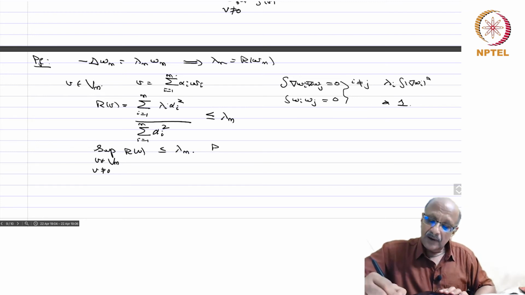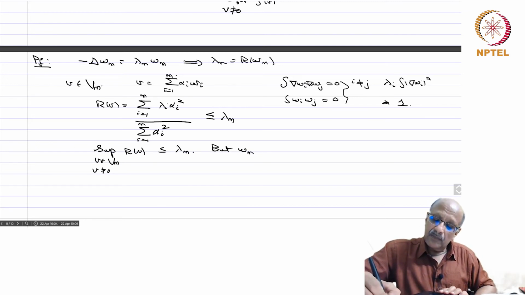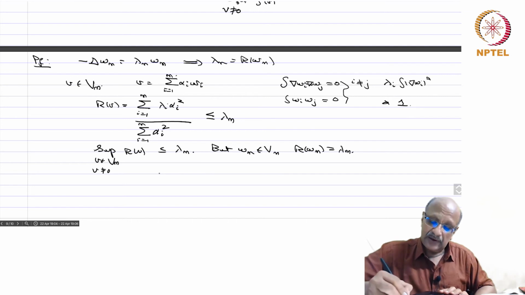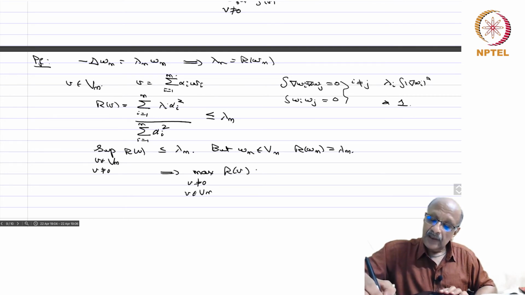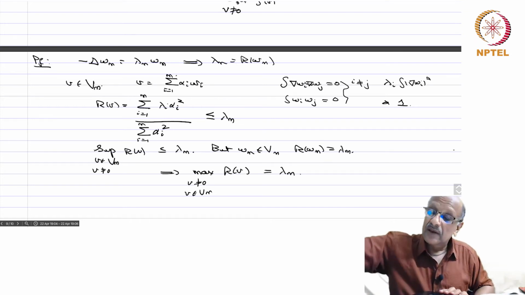But wm belongs to Vm and R of wm equals lambda m. So, the maximum is attained, and therefore, max v not equal to 0, v in Vm, R of v equals lambda m. So, that proves the second statement.